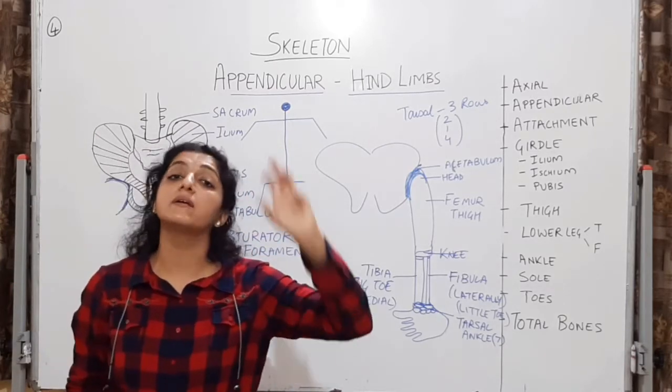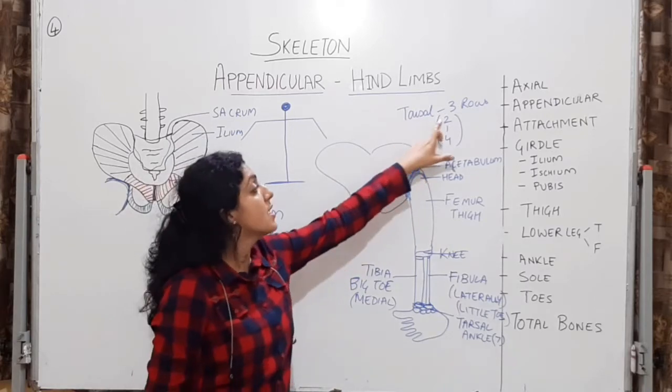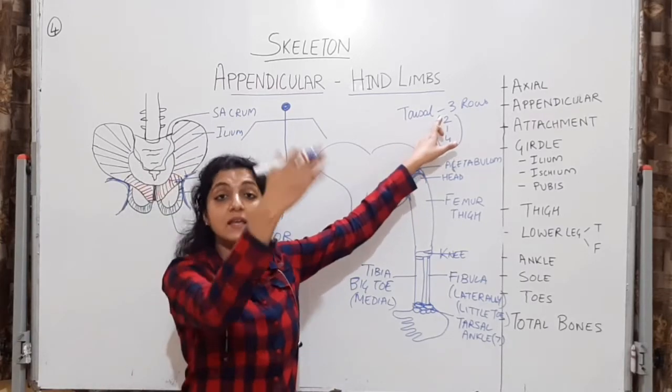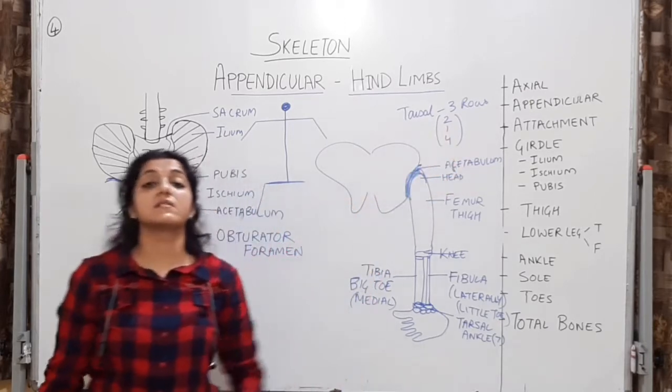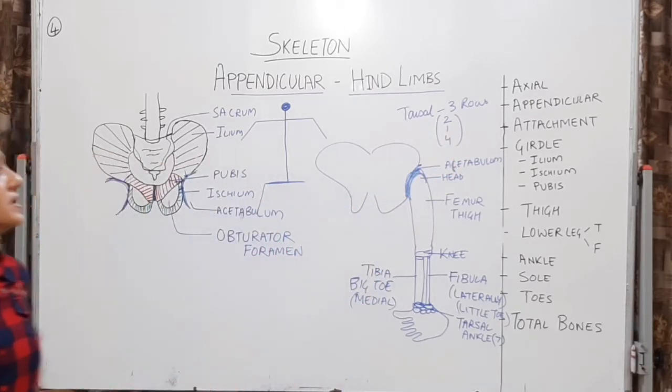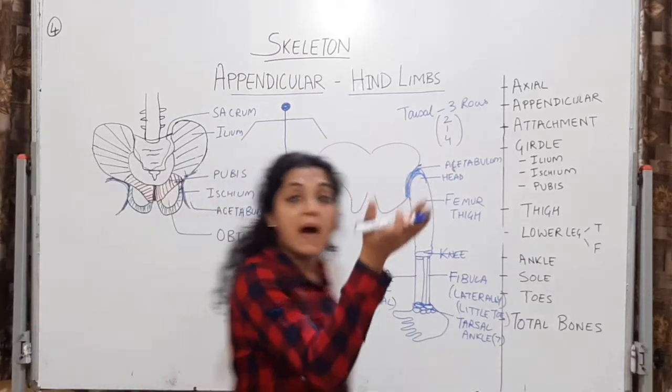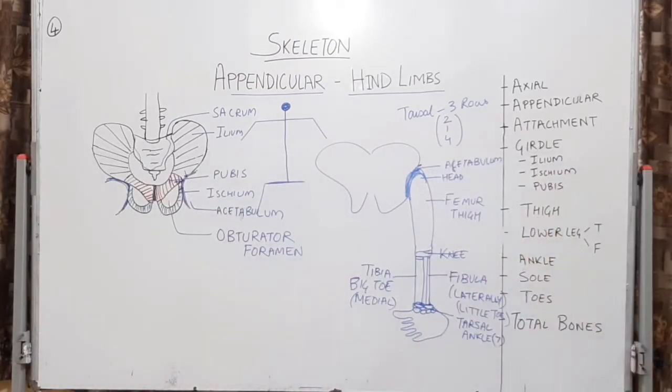Tarsals, they are 7 in number. They are going to be arranged in 3 rows. That is 2 in the first row proximally, that is towards tibia and fibula. Then 1 in the middle and 4 distally. That is how is going to be the arrangement of the tarsals. Then जैसे palm के bones थे वैसे ही होंगे अभी sole के bones.